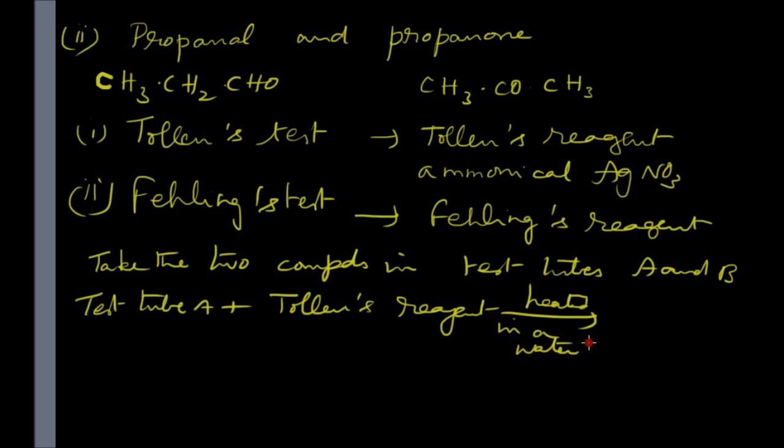You must be familiar with that. You must have done it in the laboratory also. Heated in a water bath, you get a shiny silver mirror deposited on the sides of the test tube.